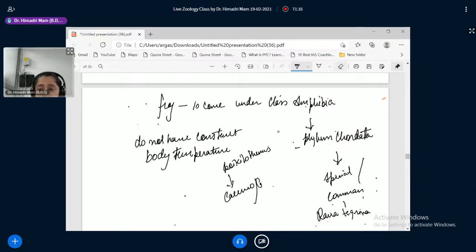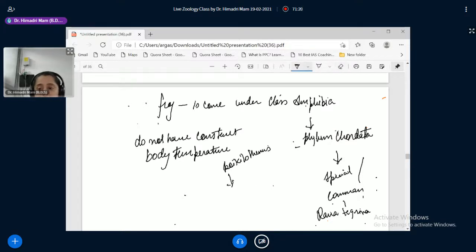Camouflage is something which can hide it from its predator, right? Now the morphology of the frog: the skin is moist and slippery.